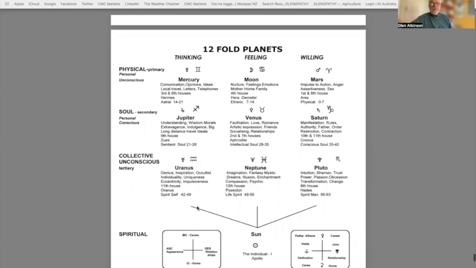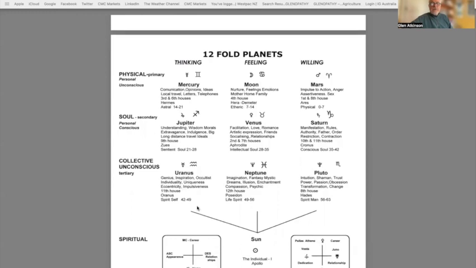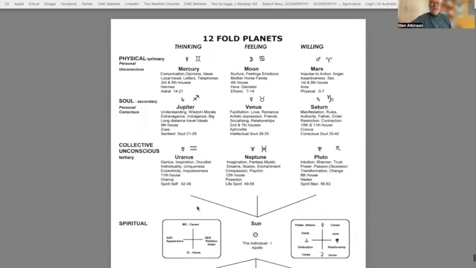Now, this is a picture that I've done for the planets to help understand the effects of the planets on humans in particular. And we can break this up into Rudolf Steiner concepts. And he talked a lot about the thinking, feeling, and willing.